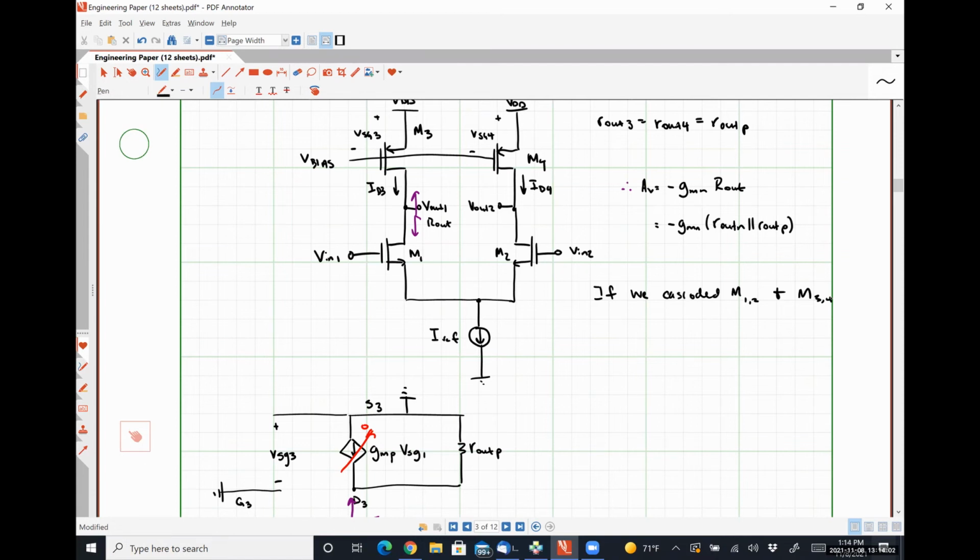So that's absolutely something that could be done to get more gain out of it, but there's a pretty significant trade-off in doing that. When we talk about telescopic op amps, which will hopefully be later this week, we'll talk about those trade-offs again.